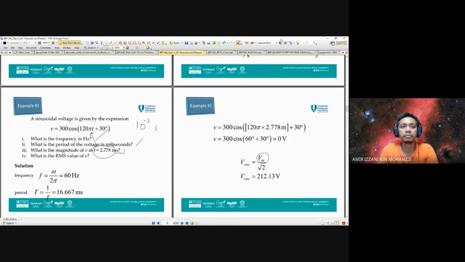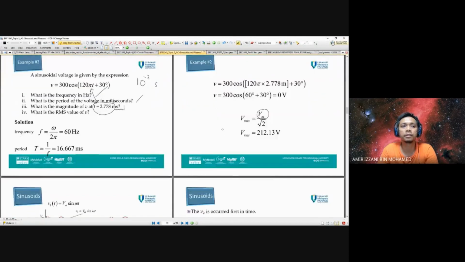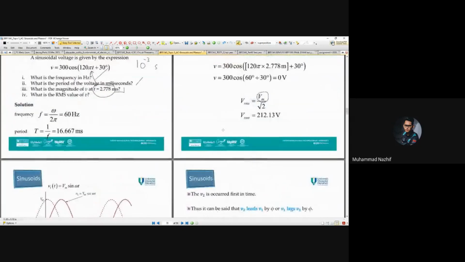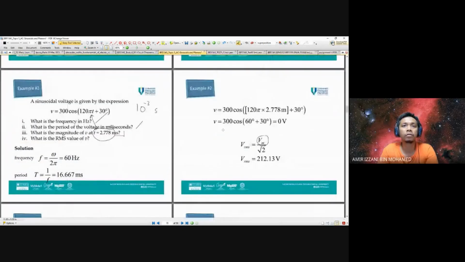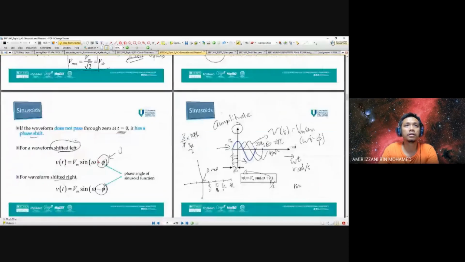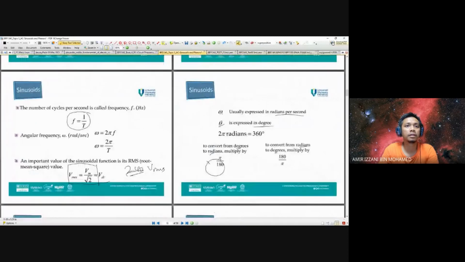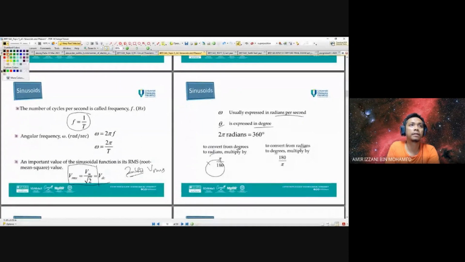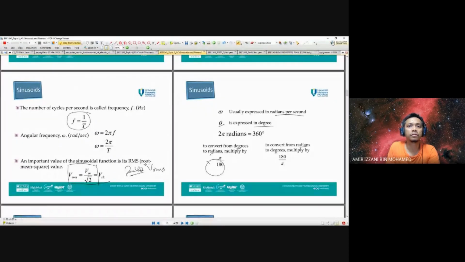Okay, simple example. Sir, RMS stands for what, sir? Root mean square. Let me write it here. RMS. Root mean square.